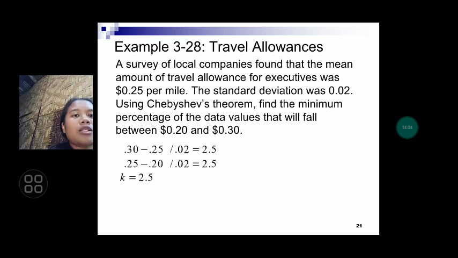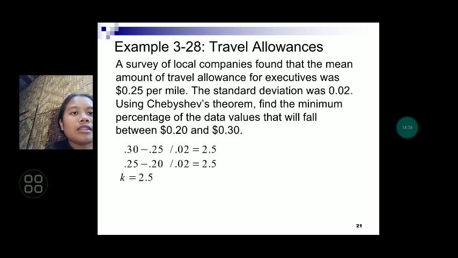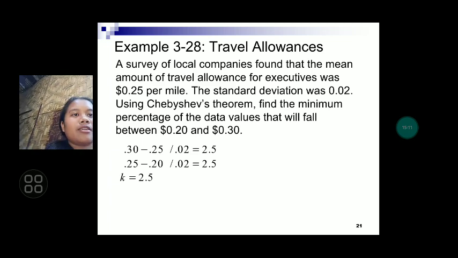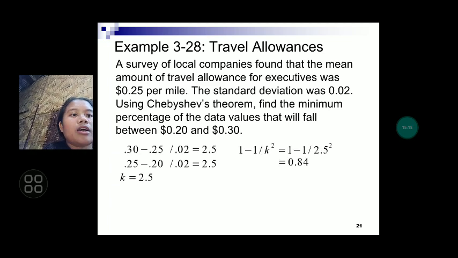Here is the formula: k equals (0.30 minus 0.25) over 0.02, which equals 2.5, and (0.25 minus 0.20) over 0.02 also equals 2.5. So k is 2.5.